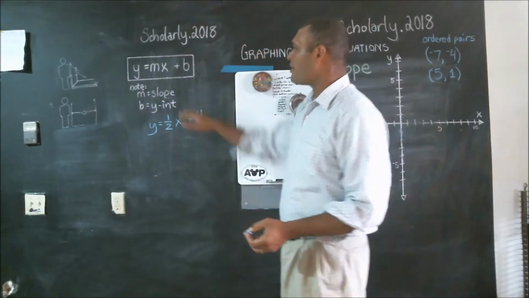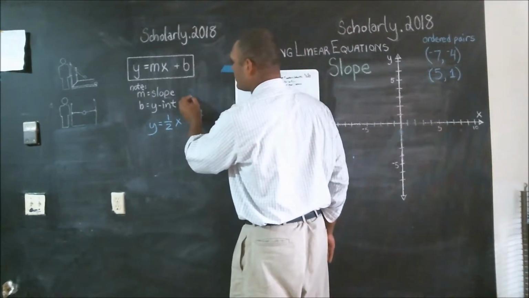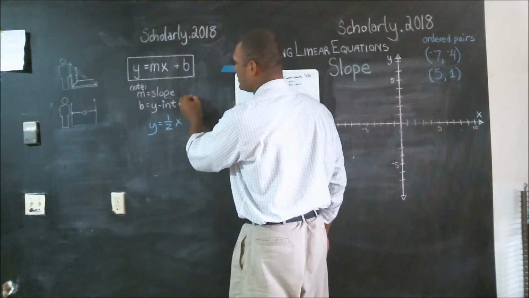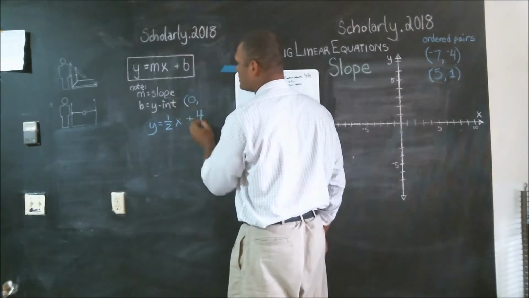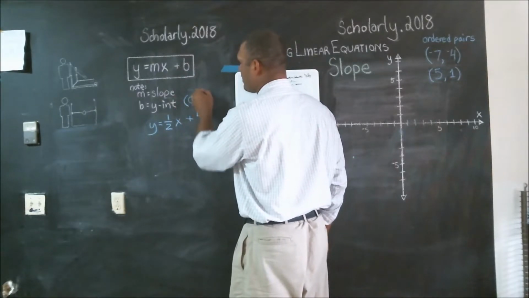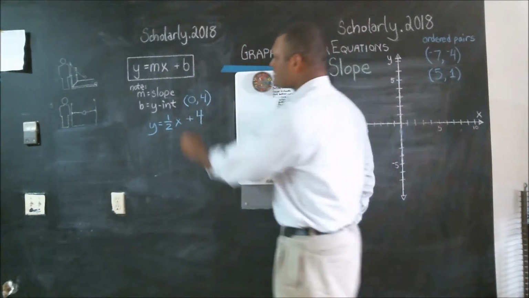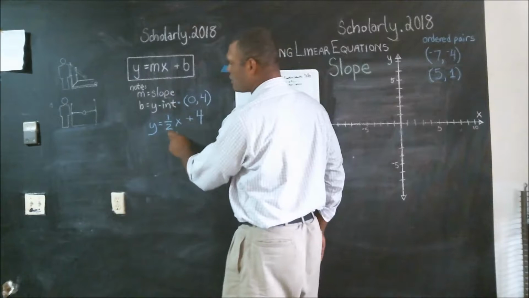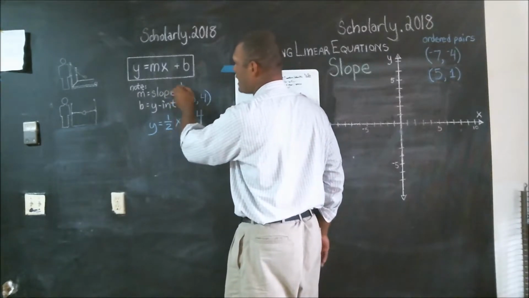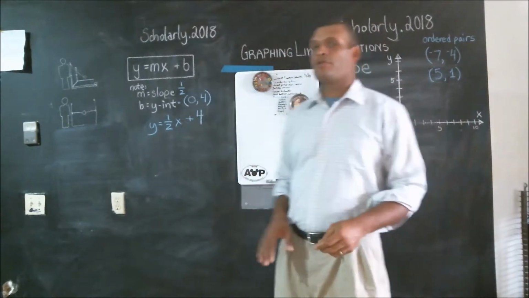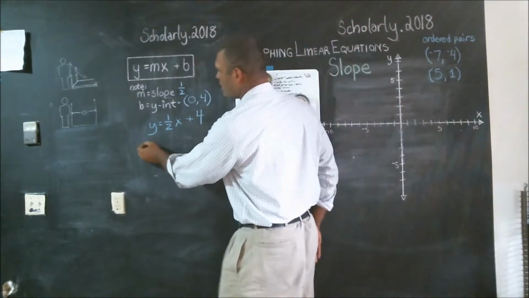That's going to be a 0. So in our y-intercept, the first coordinate is going to be 0, and then we see this is a positive 4. So we have our y-intercept right there. It's positive 4, and our slope is given to us right here. That's 1/2.